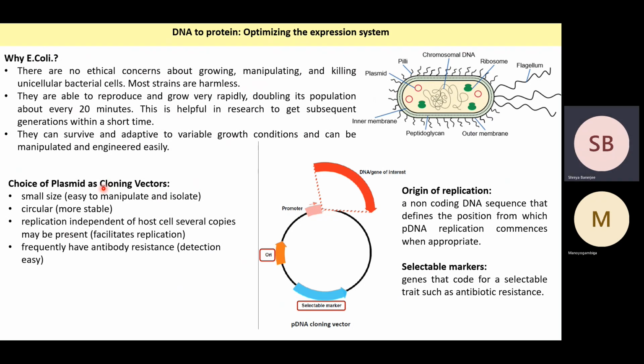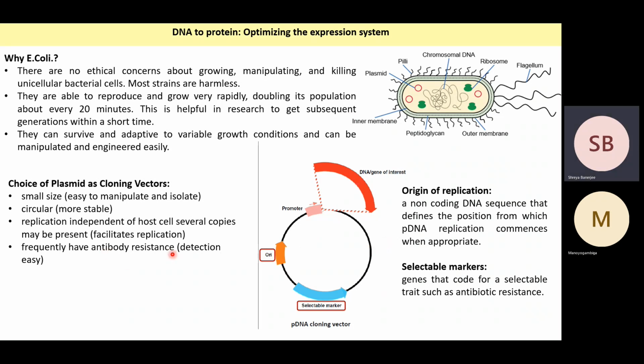Next, for cloning vectors, something called a plasmid is used, which is basically a circular strand of DNA, which is self-replicating. So why is a plasmid used? Firstly, its small size makes it easy to manipulate and isolate. Secondly, it is circular and hence more stable than linear DNA. Thirdly, the replication is independent of the host cell, and so several copies of the plasmids can be present.